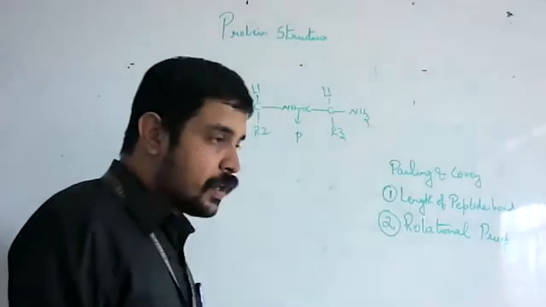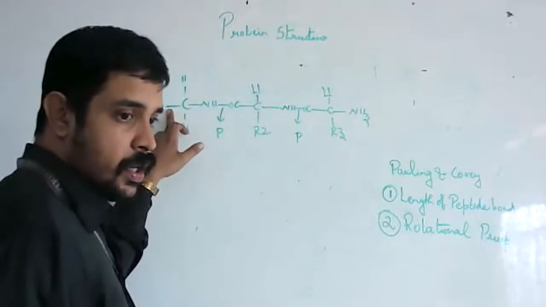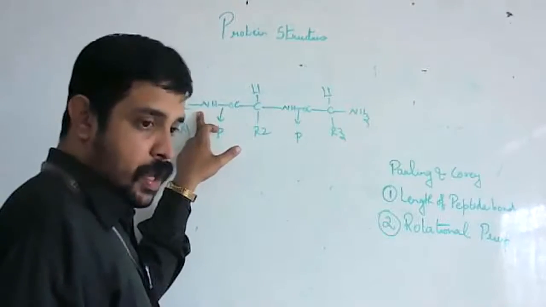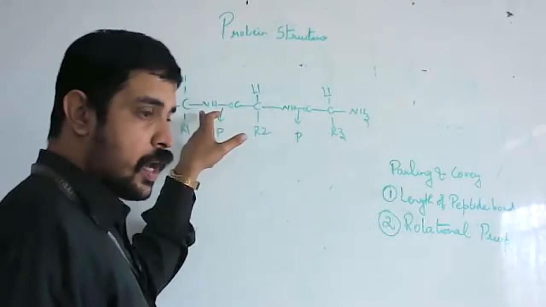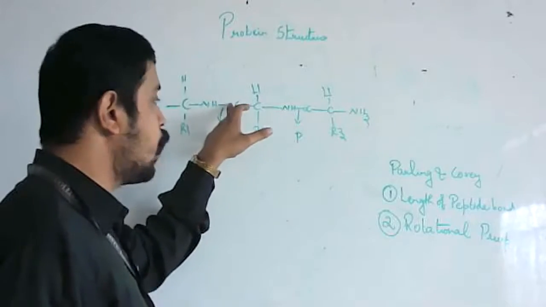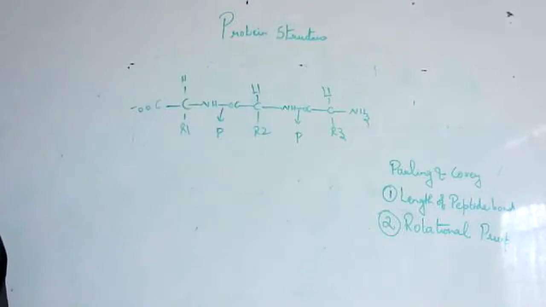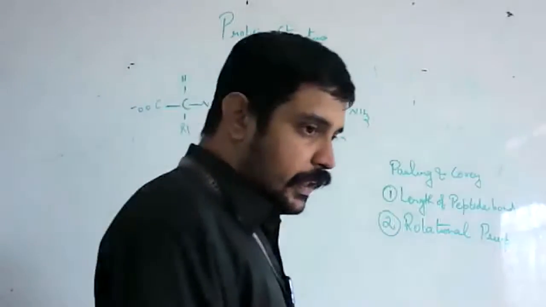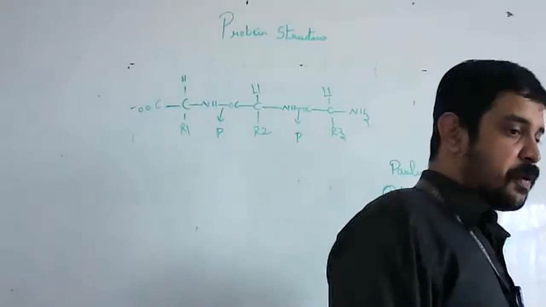As we discussed, this bond will rotate, this bond will rotate, but the peptide bond alone will not be able to rotate. So I think these things we have already discussed in the previous class.